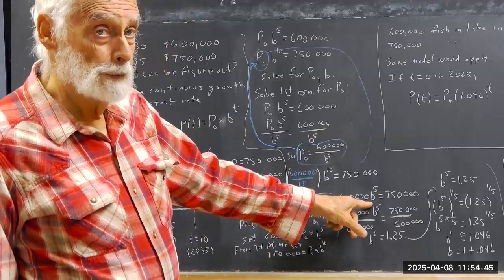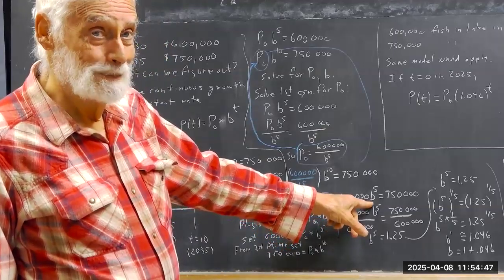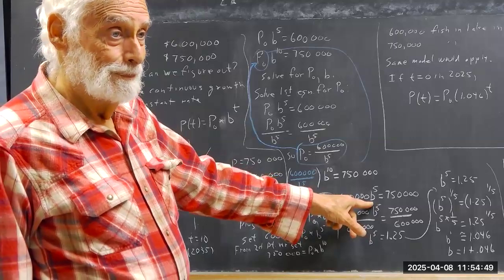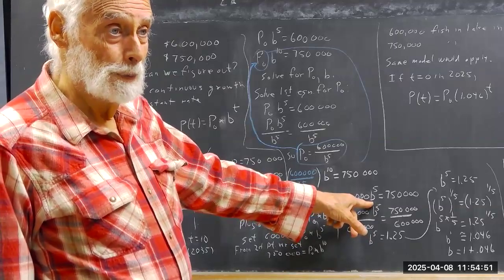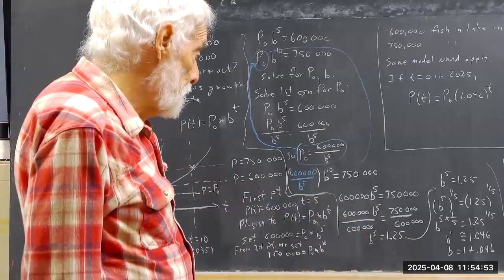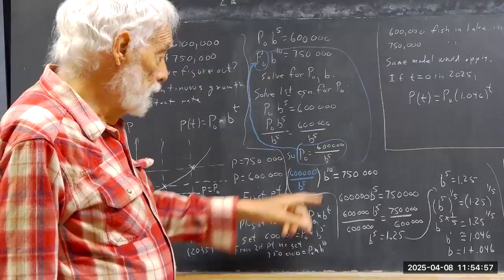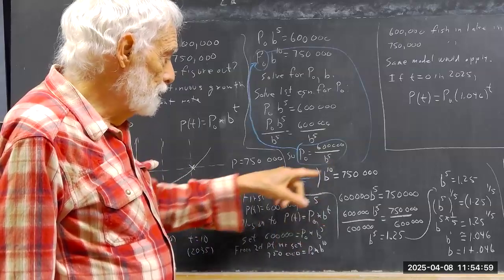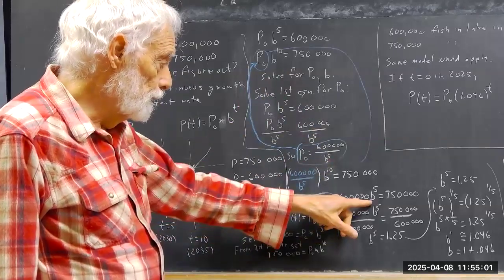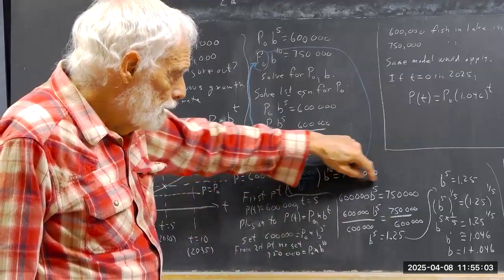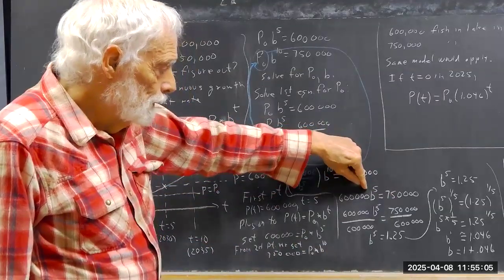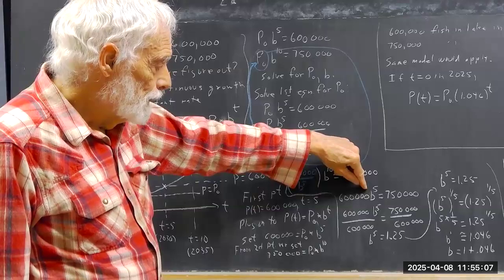If you don't know the rules of exponents, it's on you. Review them. Don't be making mistakes with the rules of exponents. That was pretty fundamental. When you're dividing, you subtract the exponents. Well, that's getting there. We've only got b to solve for.